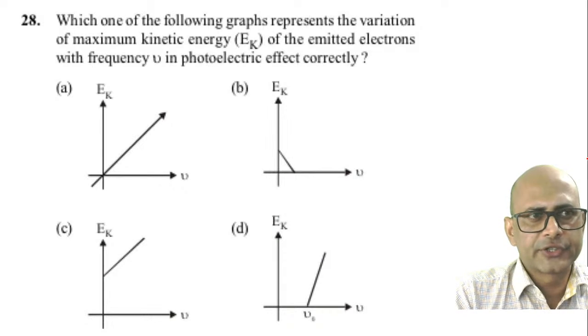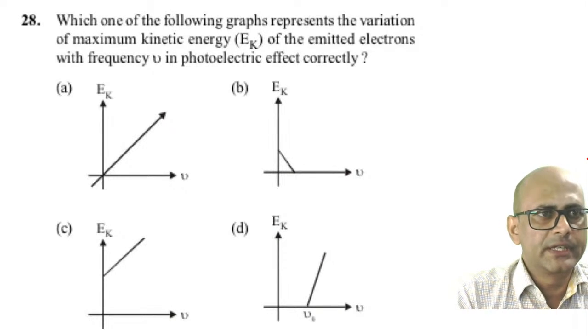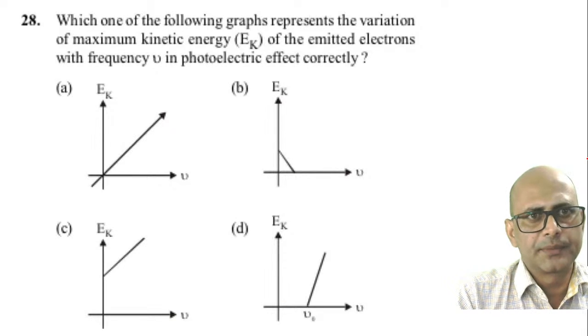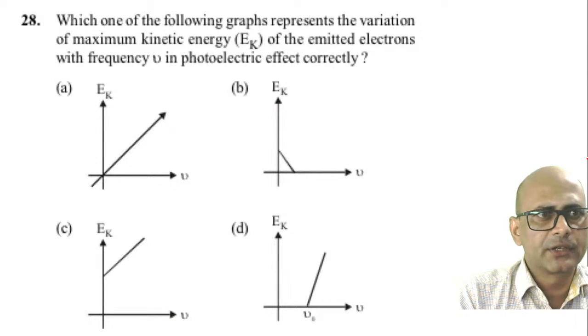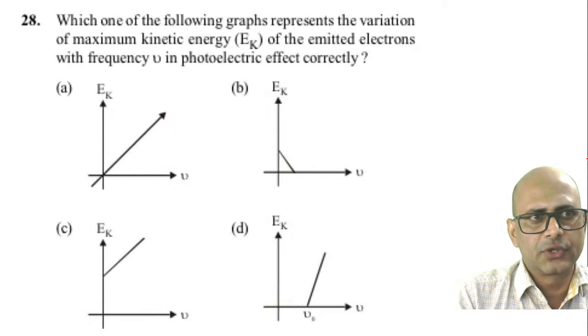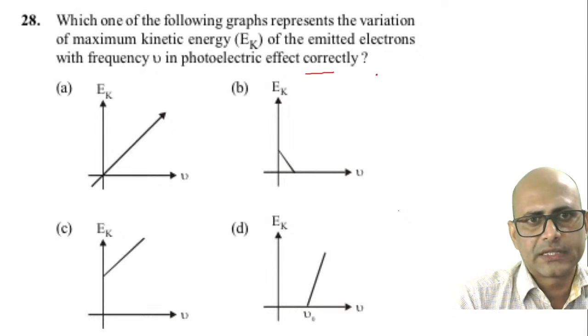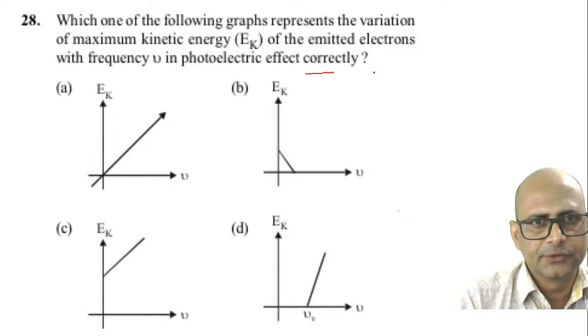So I am going to discuss this question which says: which one of the following graphs represents the variation of maximum kinetic energy of emitted electrons with frequency nu in the photoelectric effect correctly. You must have read the K max formula. It is h nu minus phi.